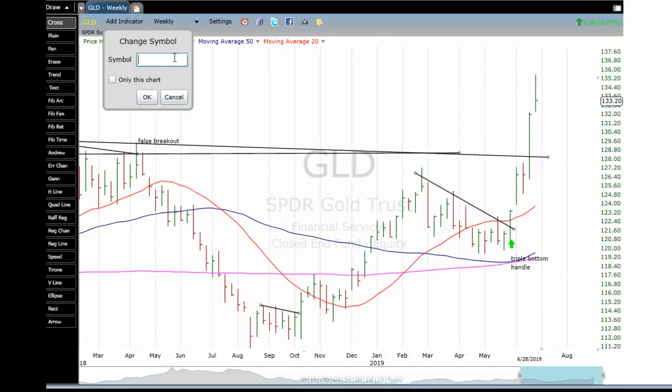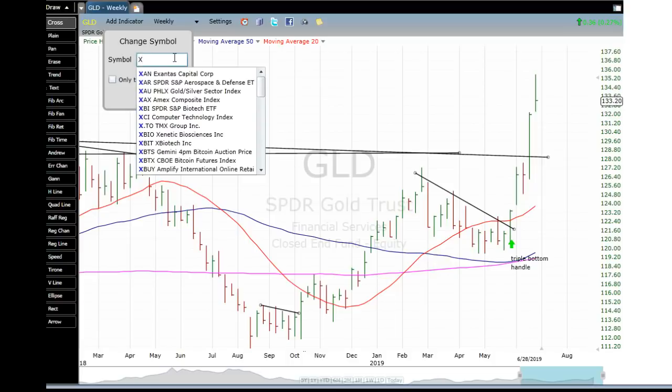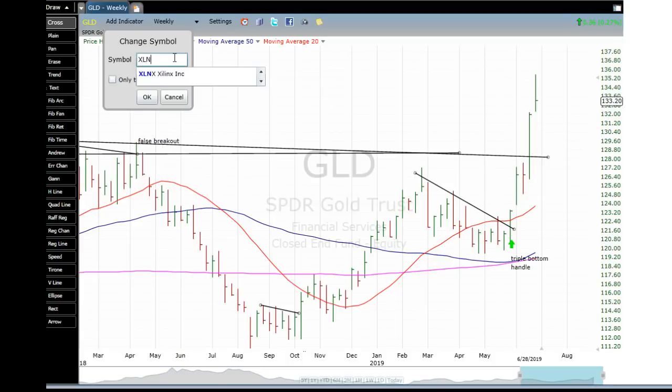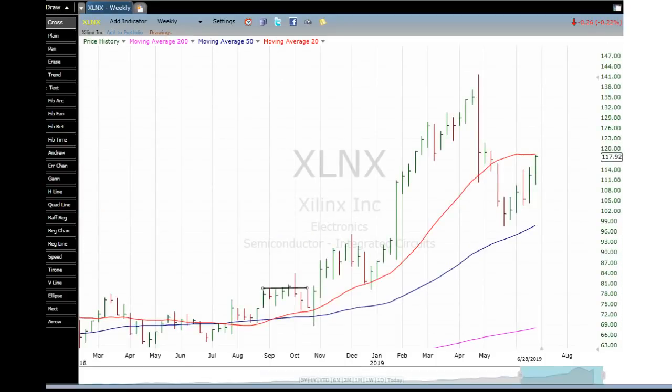Last one, which is not a setup that we took, is Xilinx, probably the best, most loved chip stock. At least it's my go-to chip name. Well, we're on the weekly, so let's take a look at the weeklies first. Obviously, off the December lows, it was up almost 100%, and the 100% rule came into effect in a big way.